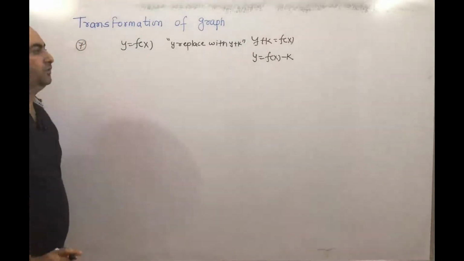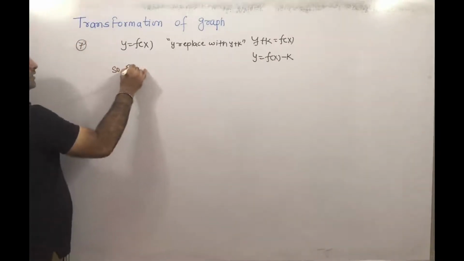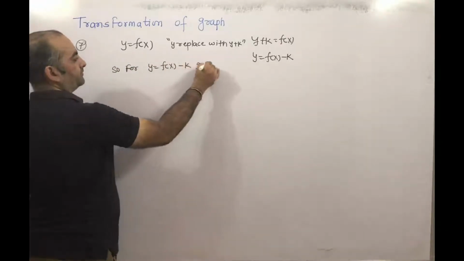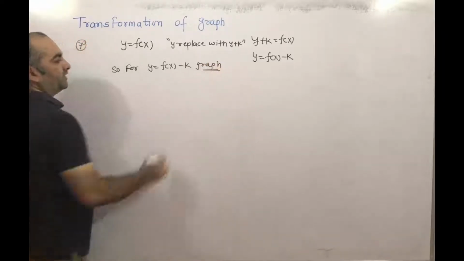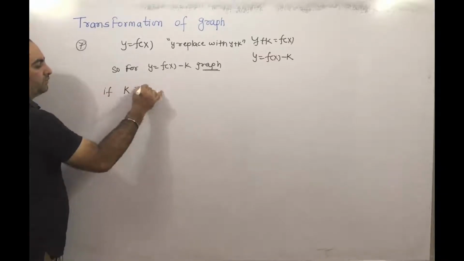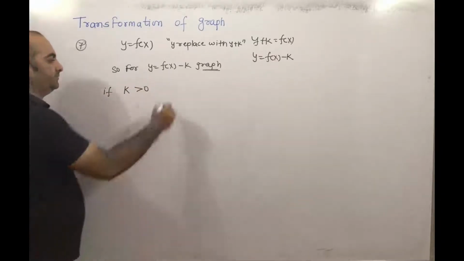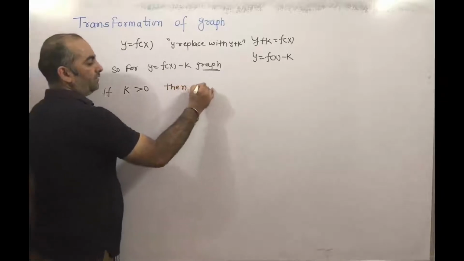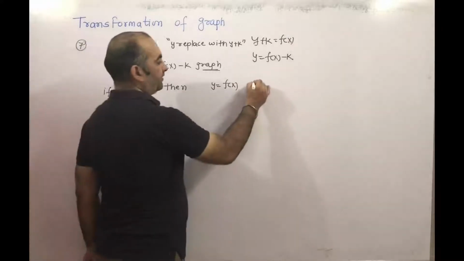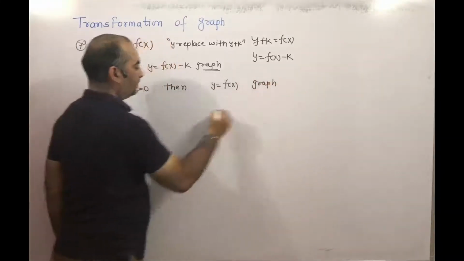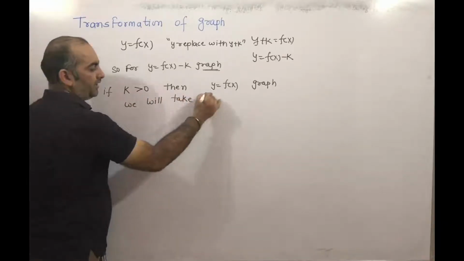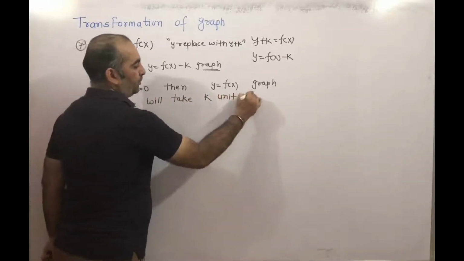Then for the graph, what will you do? For the y equal to f(x) minus k graph, if k is greater than 0, then in the y equal to f(x) graph we will take k units below.